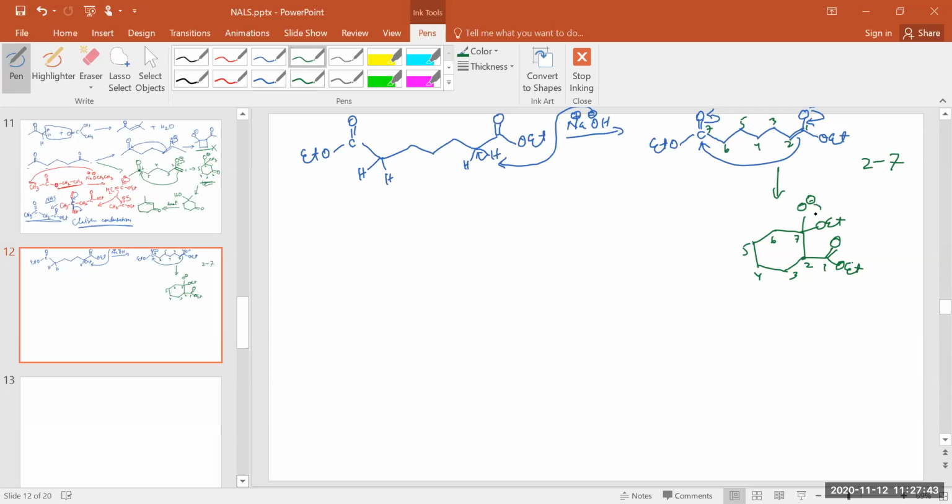So now this will come back and this will leave. So you will get the product here. Okay. So this is the intramolecular Claisen condensation.